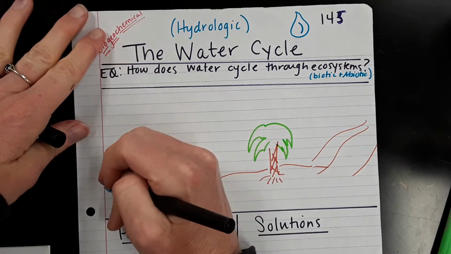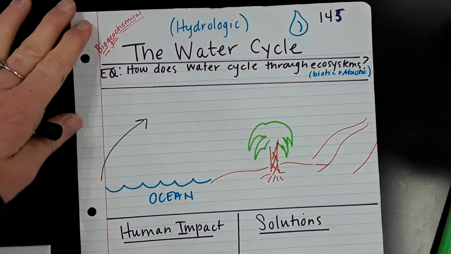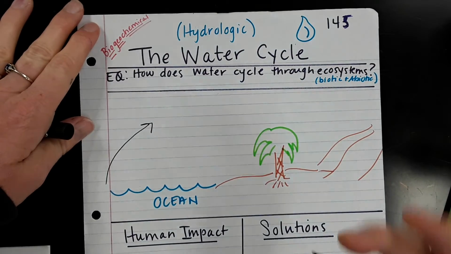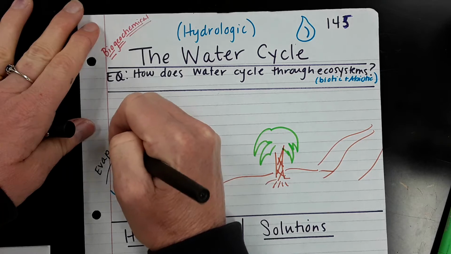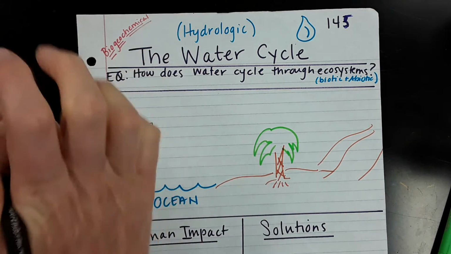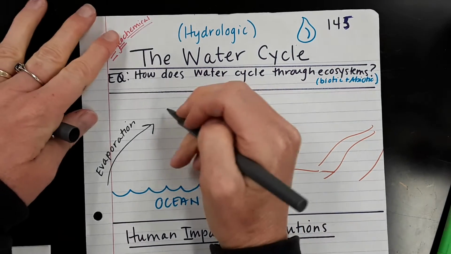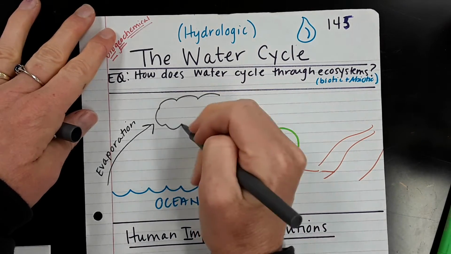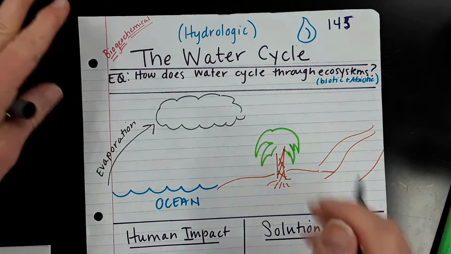All right, so following the water through the water cycle, water is going to be in our large body of waters, and when it moves from the large body of water into the atmosphere, this process that moves the water from a liquid to a gas is called evaporation. The water in the atmosphere condenses and cools at higher altitudes around little dust particles, and so then we'll get water vapor or a cloud.